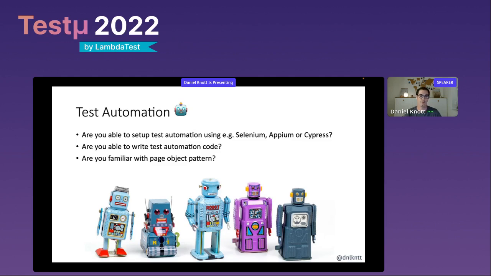Are you familiar, for example, with page object patterns or any other patterns? Something that can fit into that really technical test automation or testing section here. Another question that I usually ask is, have you done code reviews? Are you able to do code reviews? Have you ever talked to a developer while working in the team or on the product?